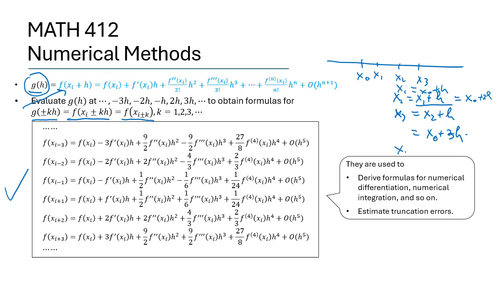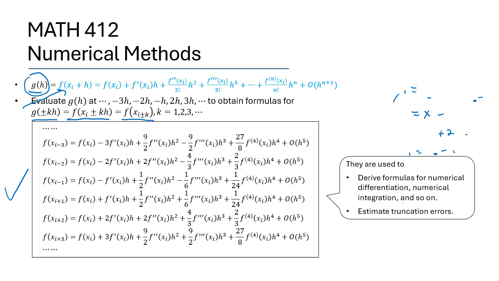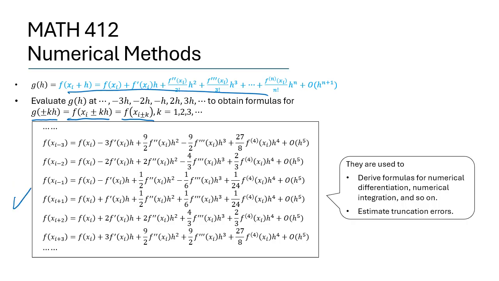So xk will be x0 plus kh. We have that kind of simple relation. So we evaluate this function with different h: 1h, 2h, 3h, and we have this group of formulas.